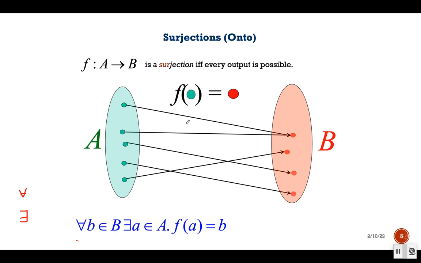Here you can see I have a target, B, and this is our input domain, A. In the mapping f of A, for every element b in this set there is some element in A such that f of a results in that element from B. This is known as surjection, meaning every output is possible.